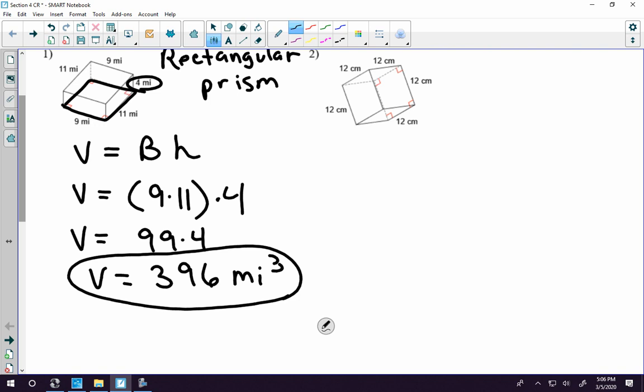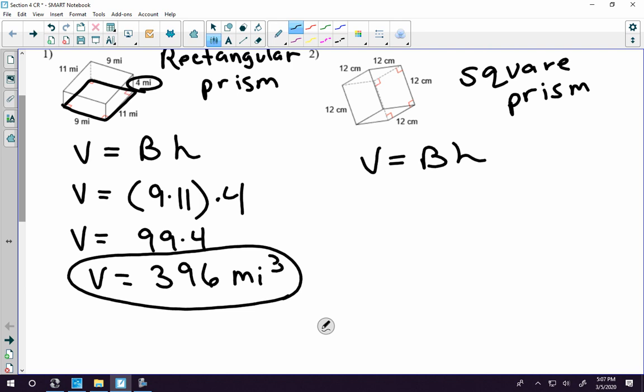Number 2, all the dimensions are 12, so you might call this a cube, or we can call it a square prism. I would ask my students, what are we stacking? Hopefully they would say, we're stacking squares. And I say, how high are we stacking the squares? We're stacking them 12 centimeters high.